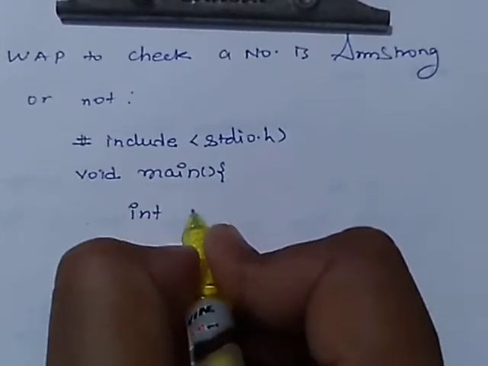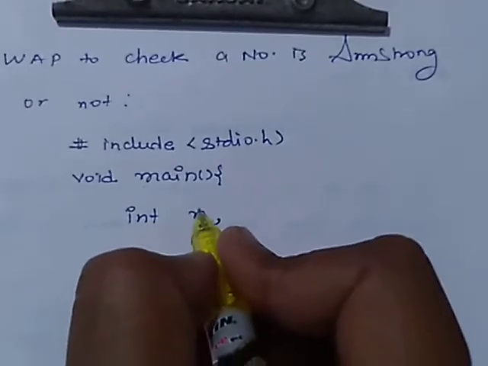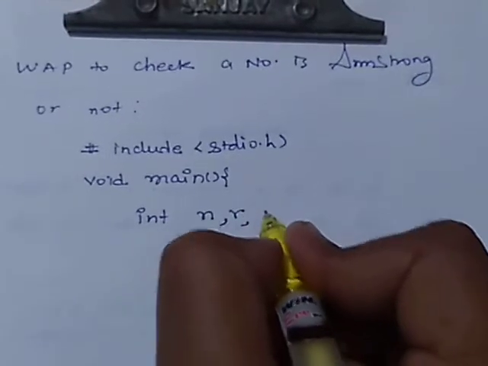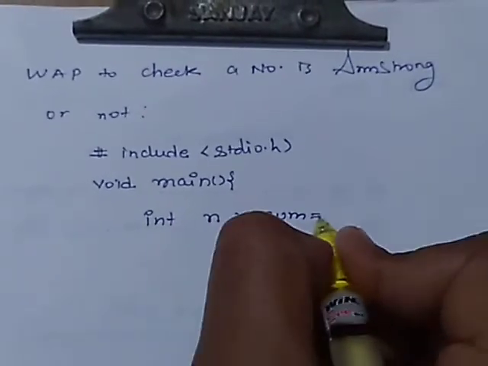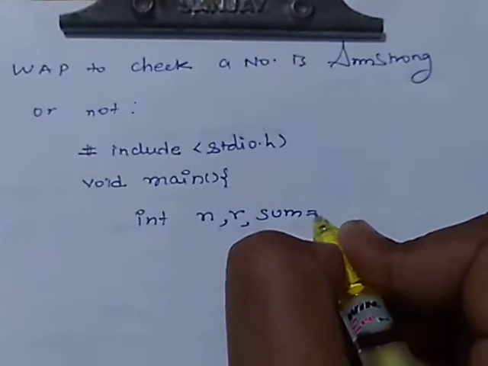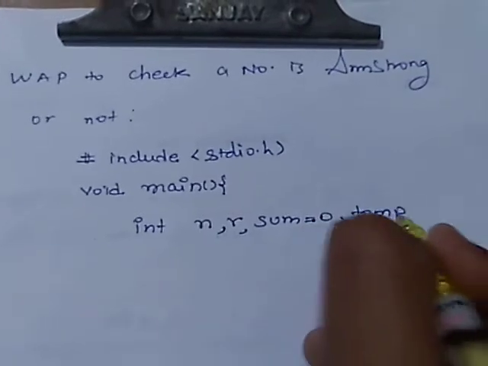Like to enter a number, we have taken a variable n, r to separate the digits, and sum to take the sum of the cube of the digits of a number that is initialized to 0, and a temporary variable.